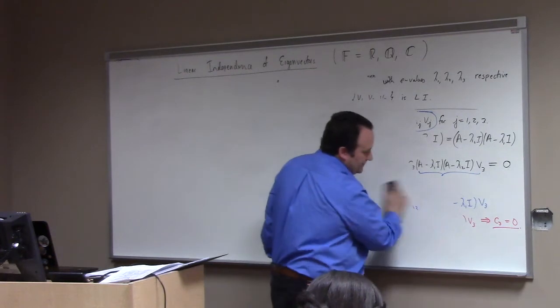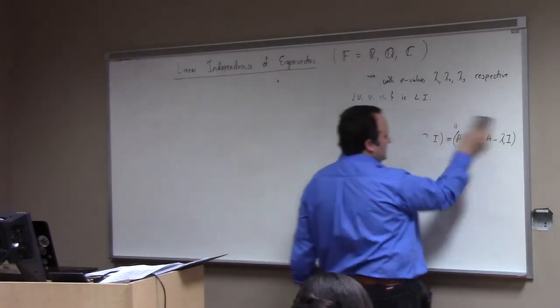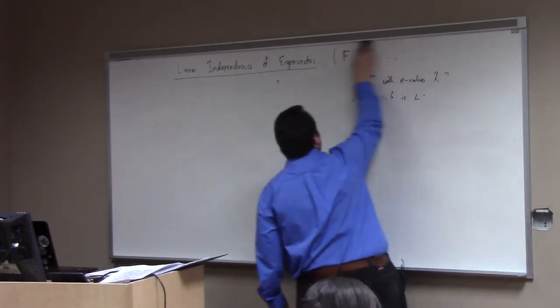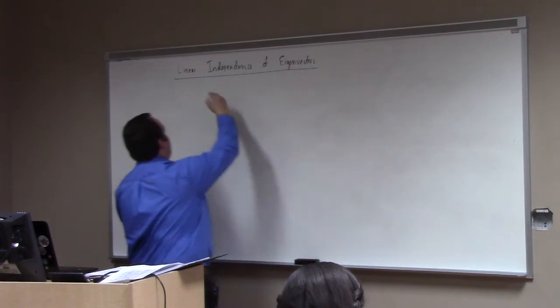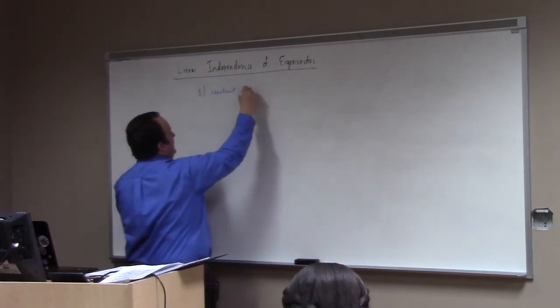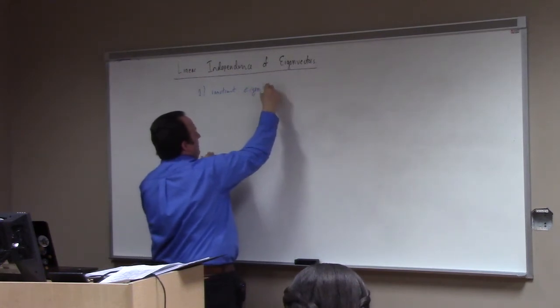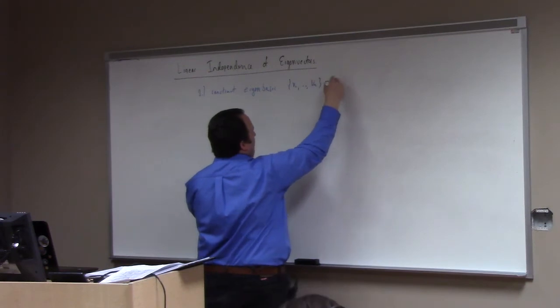Step number 1, find all your eigenvalues. Find all your eigenvectors, right? If possible, we construct an eigenbasis. Call that beta.